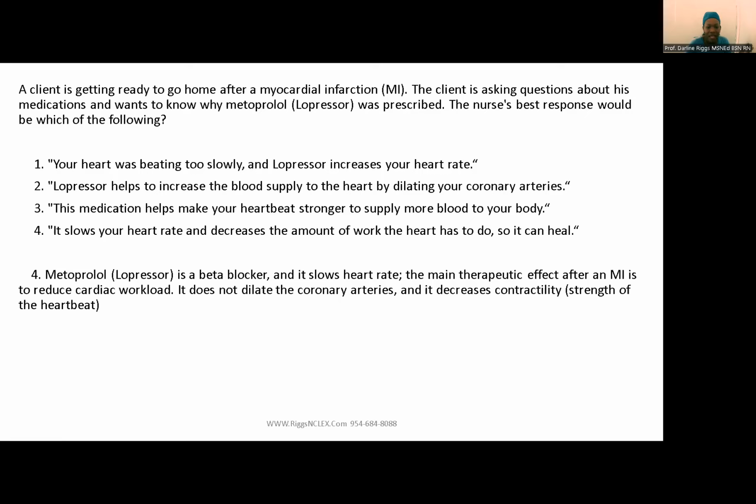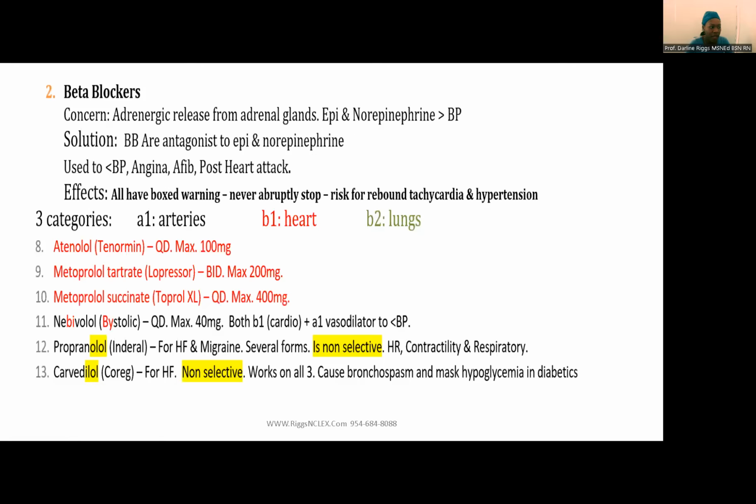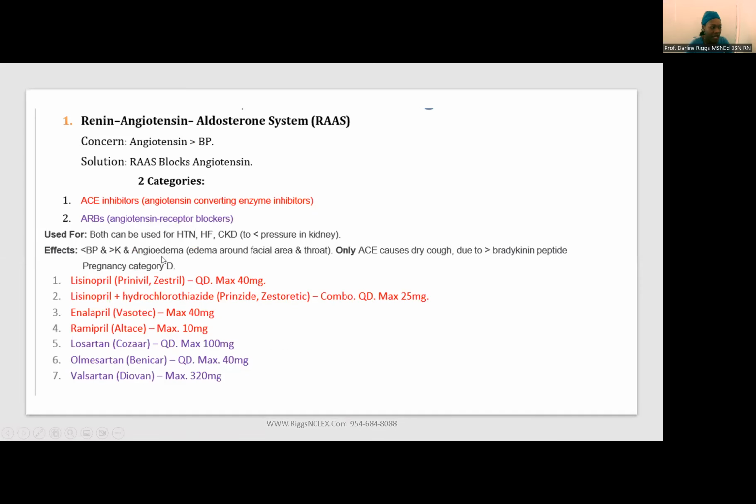It's not going to dilate the coronary arteries. And it decreases contractility. I like how this just gives you an idea of one angle that these types of questions could come at you. Now, I want to remind you, let me go back real quick, of the whole coughing thing with the ACE inhibitors.